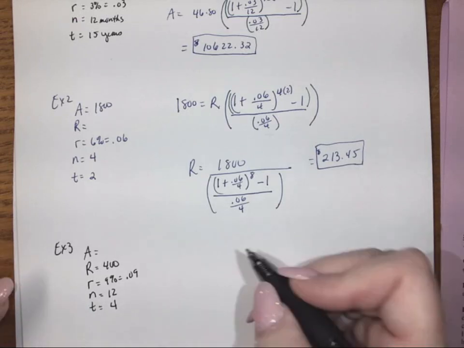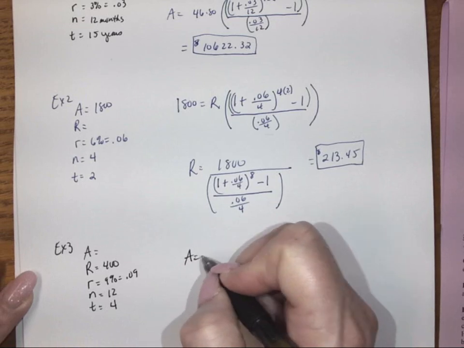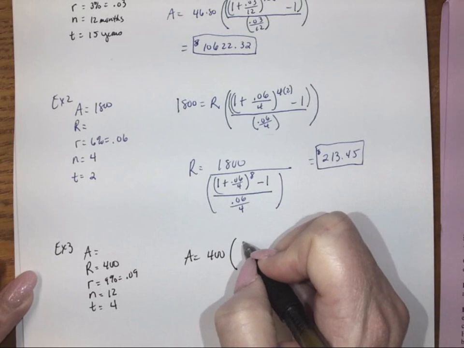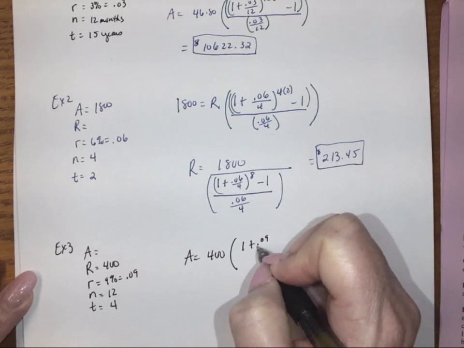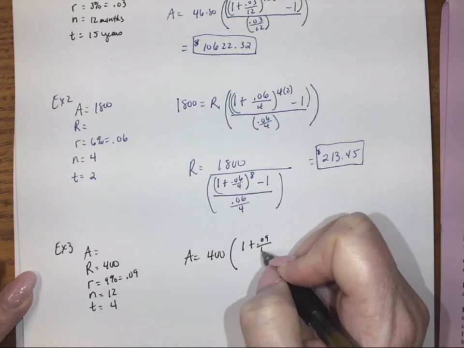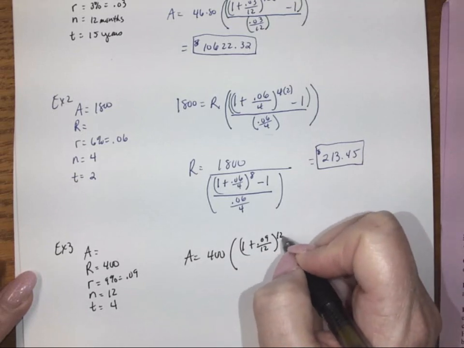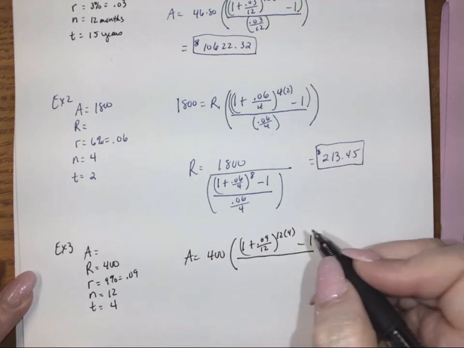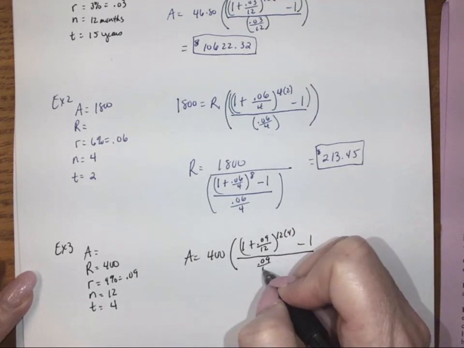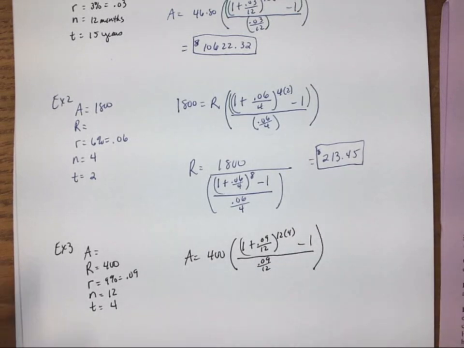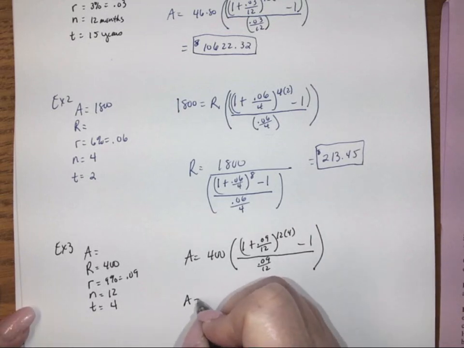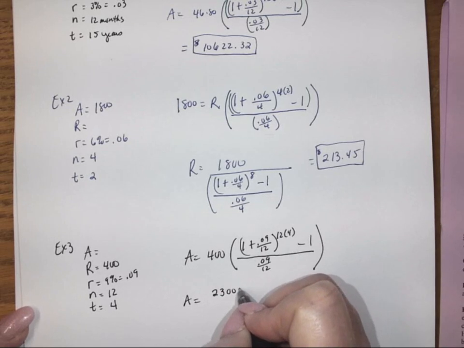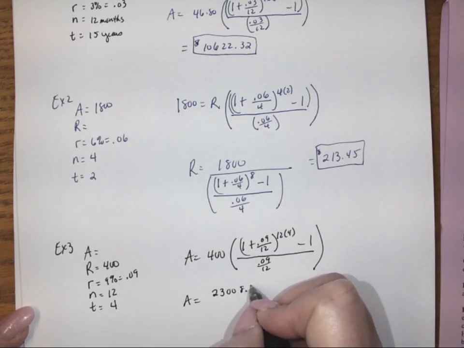So now we just plug it in our formula. So A is equal to 400 times 1 plus 0.09 over 12 raised to the 12 times 4, minus 1, all over our 0.09 over 12. And when you find that, your A should be $23,008.28.